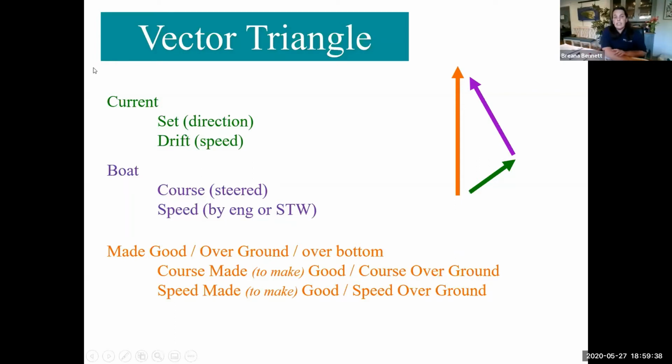Our first leg is current, and that's what we have set, which is the direction, and drift, which is the speed. So here I put in a green arrow. So a vector, if we go back to our high school days of geometry or algebra, a vector has a direction and a length.